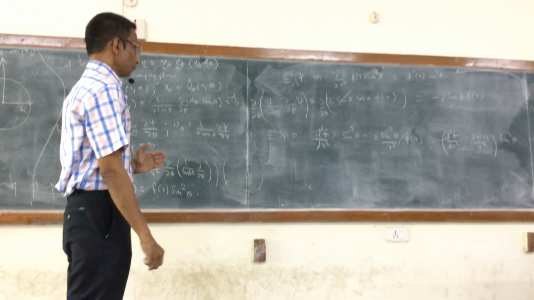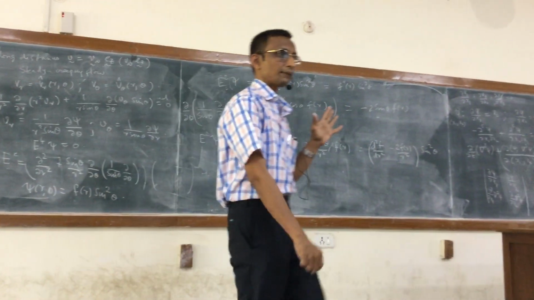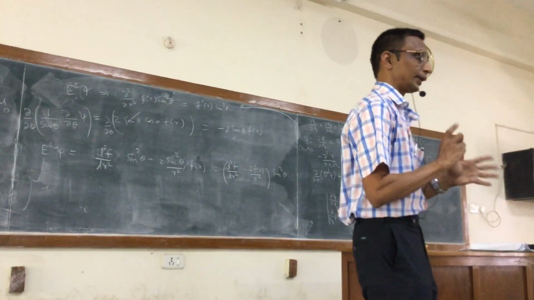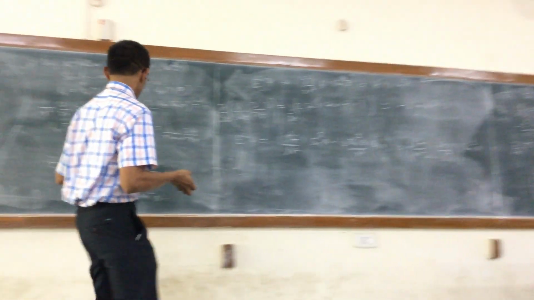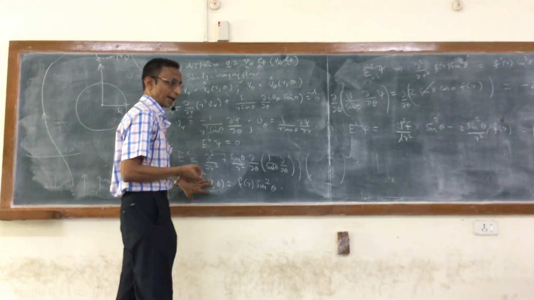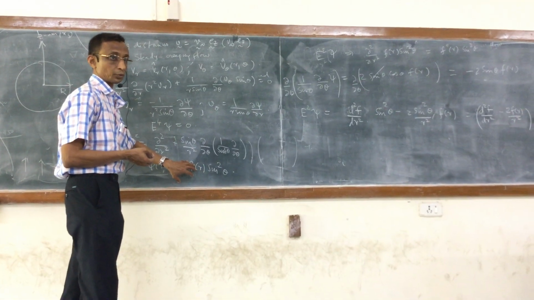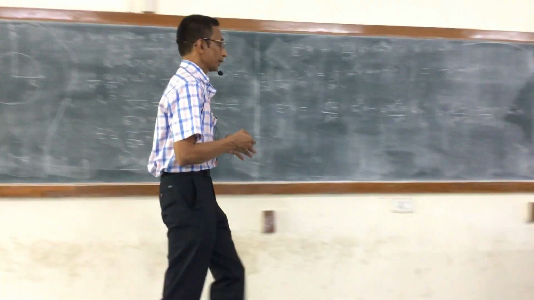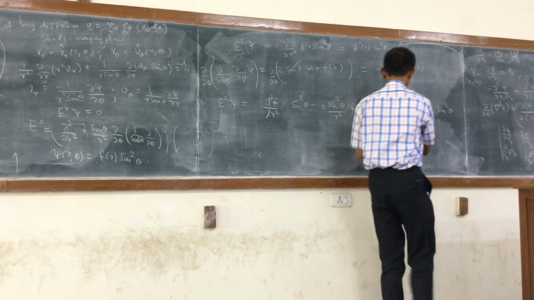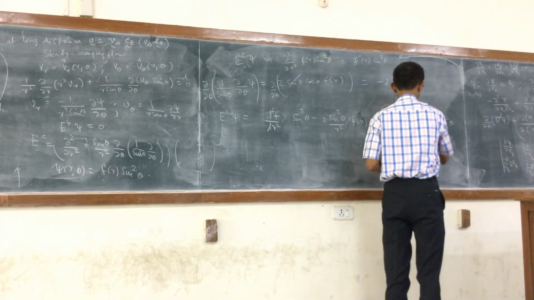So now for E to the power 4, we have to apply the same rule, but rather than taking the derivative with respect to theta, there is an easier way. If you look at the structure of this, when E squared acts on psi, which is taken to be a function of r times sine squared theta, I am getting this whole thing operating on f.